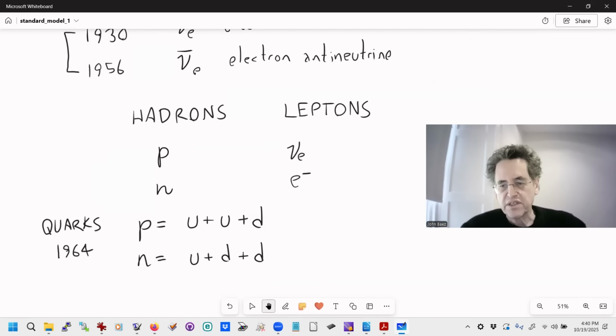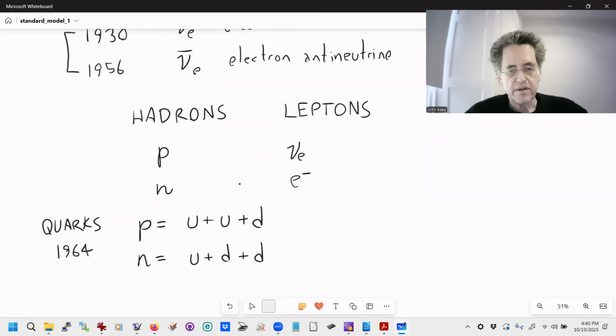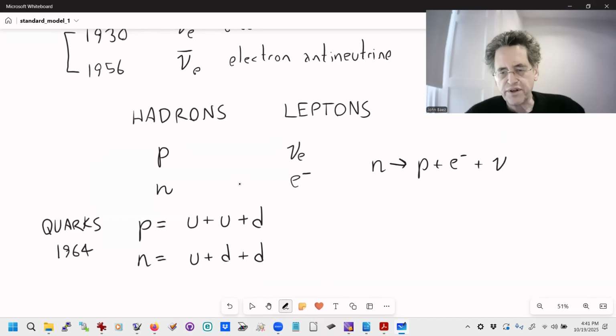So without going into much detail about that, I just wanted to mention that the decay of the neutron into the proton that we saw before, remember, a neutron can turn into a proton, an electron, and an antineutrino.